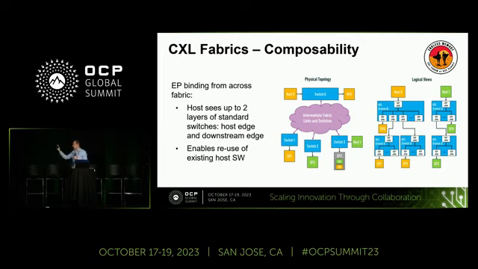So if you look in the center there, a physical topology with your hosts and your endpoints, multiple hosts, multiple endpoints spread out throughout the fabric. The logical view, when the host goes out and explores its architecture, it's only going to see up to 2 layers of switches.